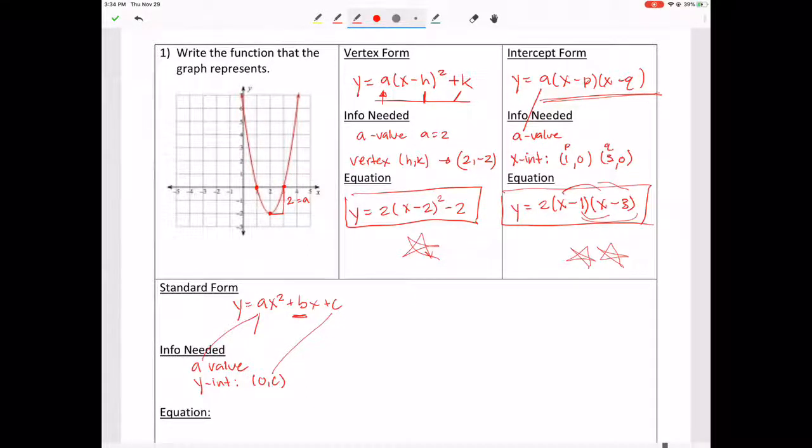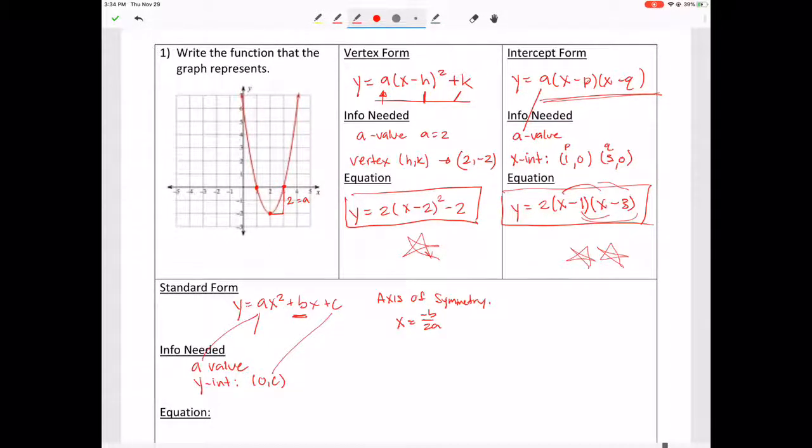If you recall back when we were graphing, if we had an equation in standard form and we wanted to find the axis of symmetry, we used an equation: x equals negative b over 2a.